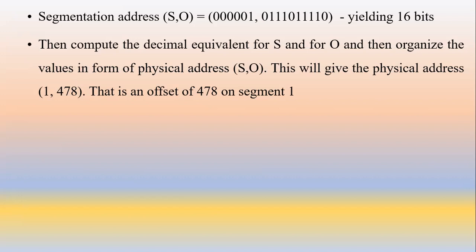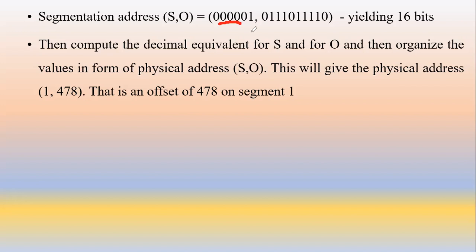So after you convert 1502, if the number of bits you get does not total 16, we add some additional zeros on the higher side of our address, so that we are able to get the total number of bits that are required.